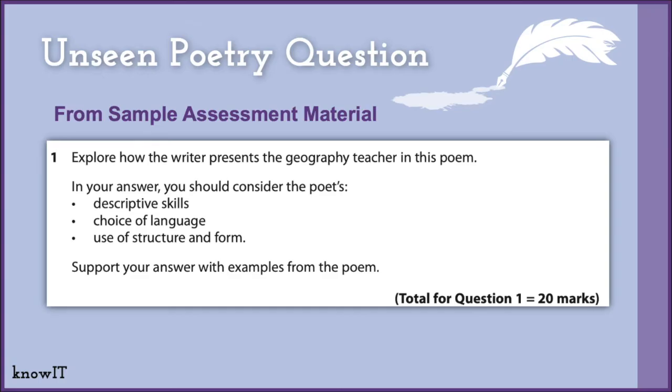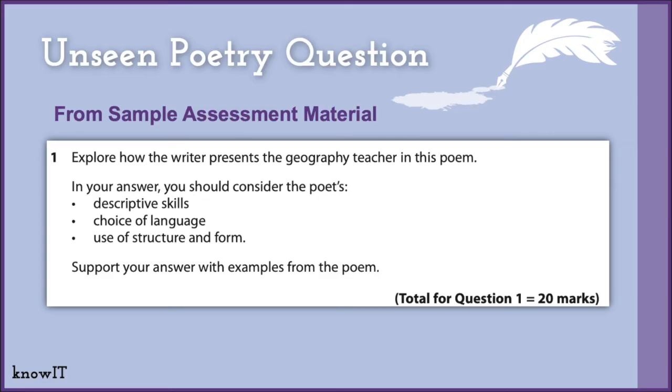Support your answer with examples from the poem. So before this question, the poem will be given, and you have to read it, of course, and make annotations on the side if you can. And then this is the ultimate question. You have to look at the poet's descriptive skills, choice of language, and use of structure and form, and then analyze the poem and show how the writer presents the geography teacher.